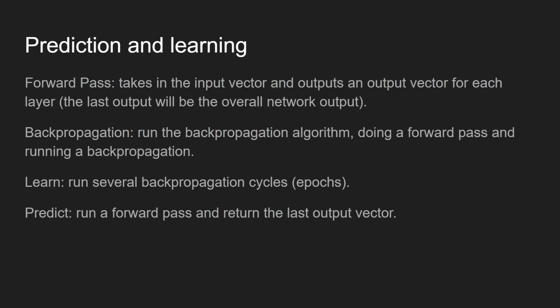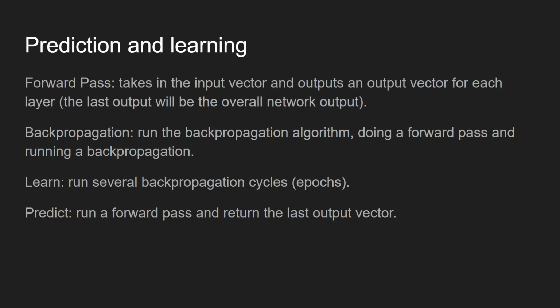So forward pass. These are more functions, by the way, that we'll have to write. Not math functions this time. I know I talk about those a lot, but this time Python functions. We need a forward pass function. This is going to take in an input vector, and produce an output vector for each layer.